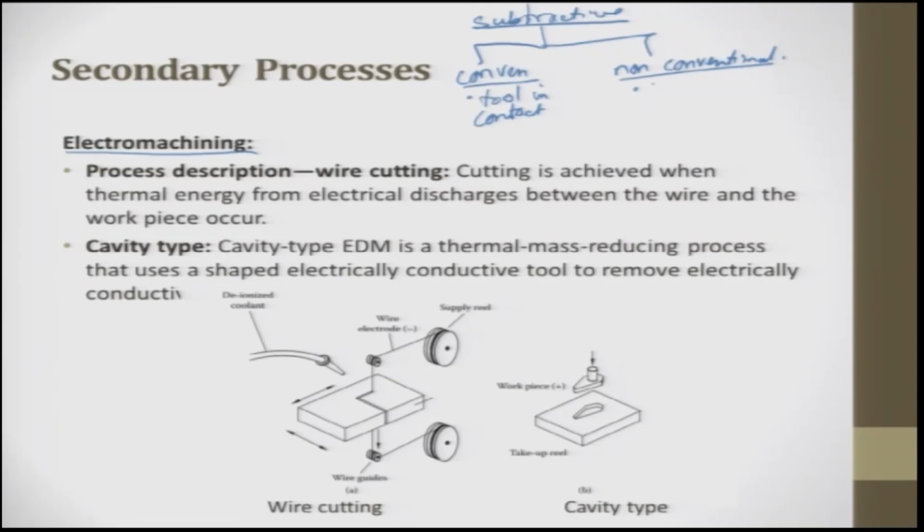So, what are all the possible tools? We use electron as a tool, we use photon as a tool, we use plasma as a tool, we use chemical etching as a tool. So, electrons, what happens is it can lead to a spark or it can do an electron machining directly.